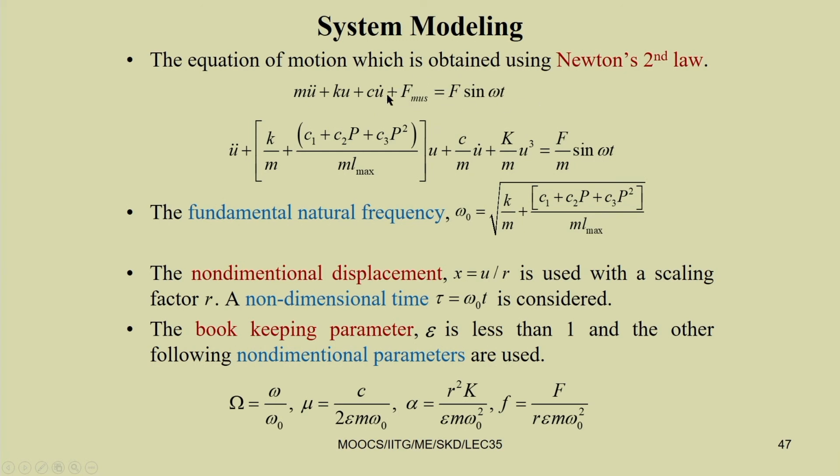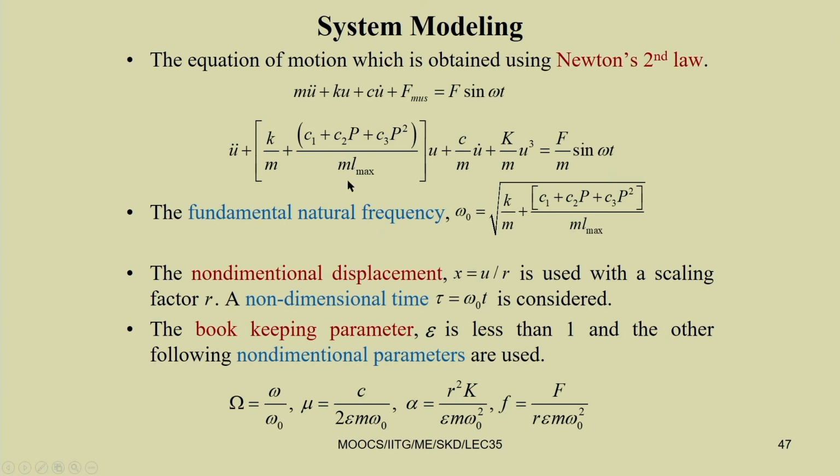Substituting the value of F muscle and dividing by m, it can be written as u double dot plus (k by m plus (C1 plus C2 P plus C3 P square) by m L max) into u plus c by m u dot plus K by m u cube equal to F by m sin omega t.